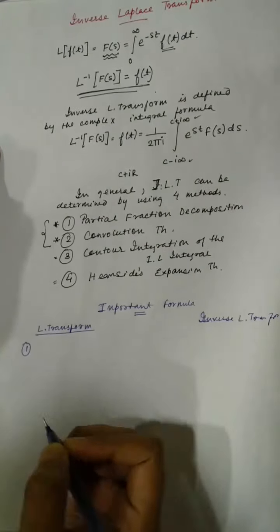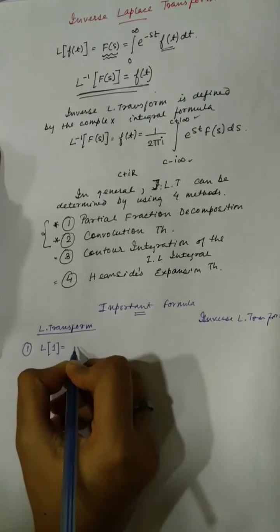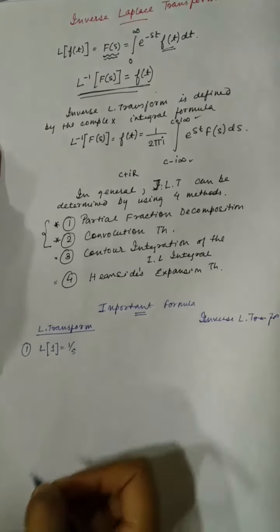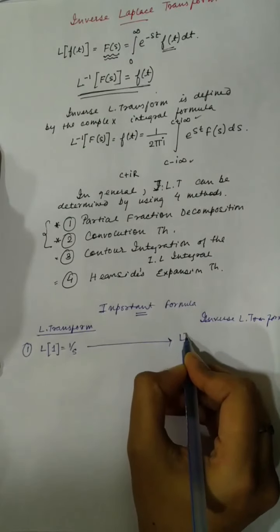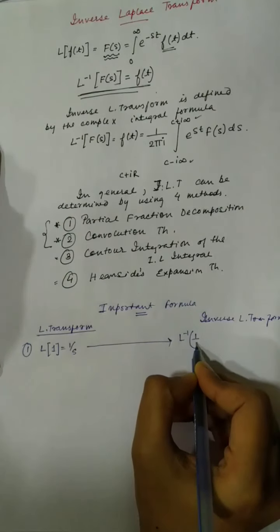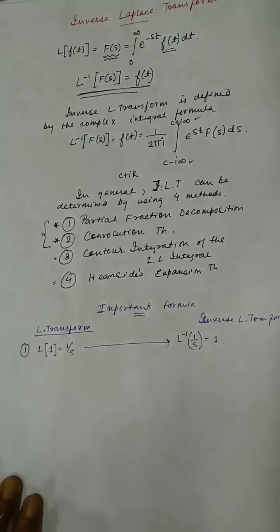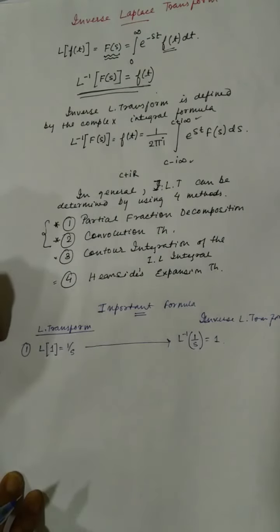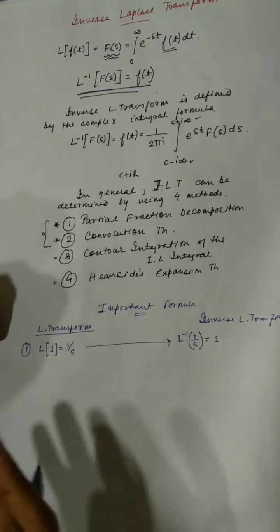First, we all know this: Laplace transform of 1 is equal to 1 by s, right? So immediately from this we know inverse Laplace transform of 1 by s is equal to 1, okay? There are certain functions whose Laplace transform we know, those are very common and we have already derived them.